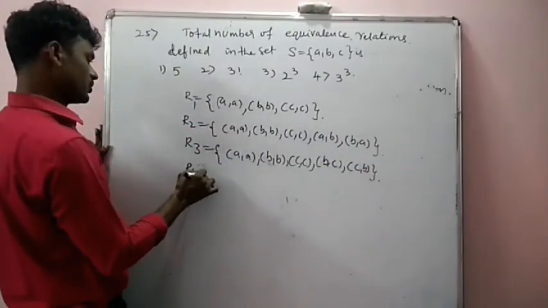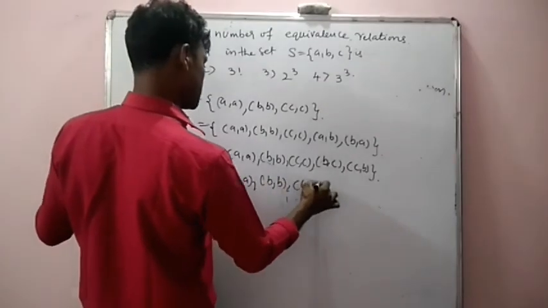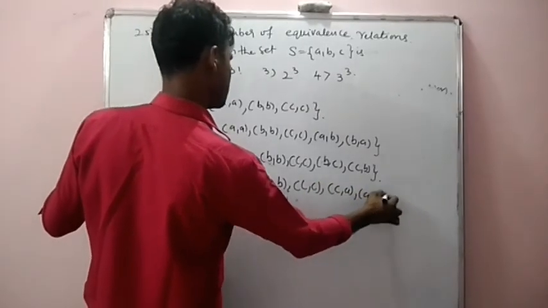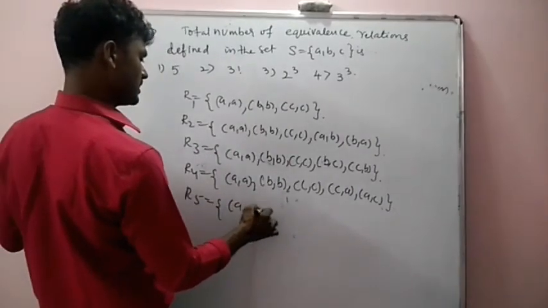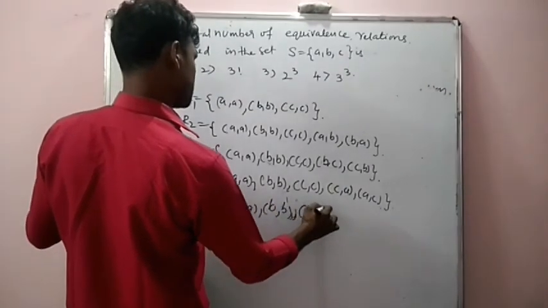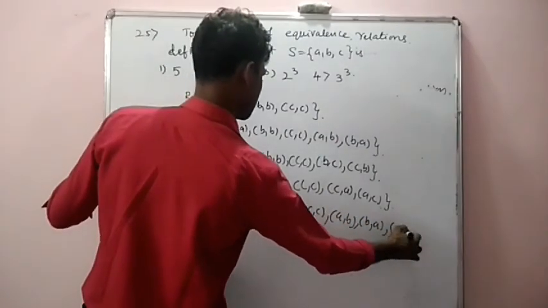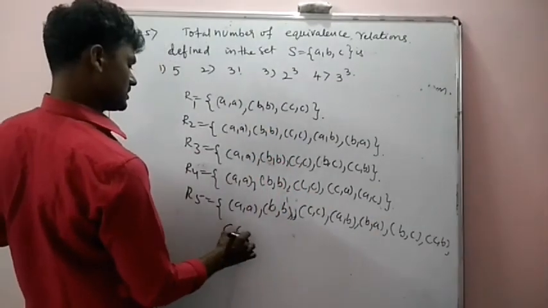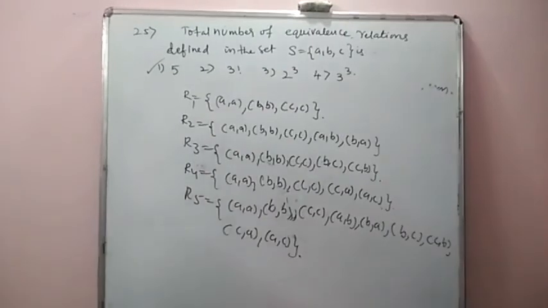Next R4: AA, BB, CC, and CA, AC. This is one equivalence relation. Next: AA, BB, CC, AB, BA, BC, CB, CA and AC. This is one relation. Total 5 equivalence relations.